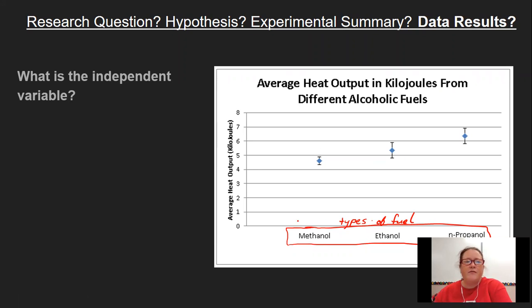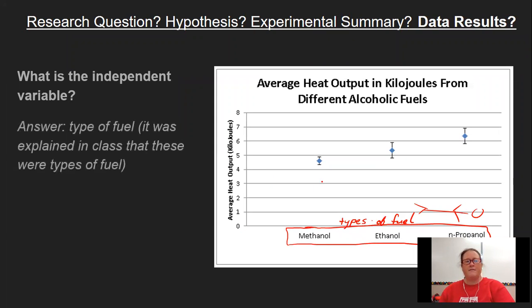So these are different types of fuel. So what is the independent variable? We can very quickly figure that out by remembering that me as an independent researcher lays on the floor in this horizontal way. So the types of fuel is going to be our independent variable.